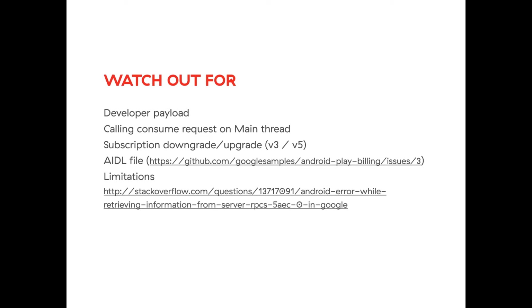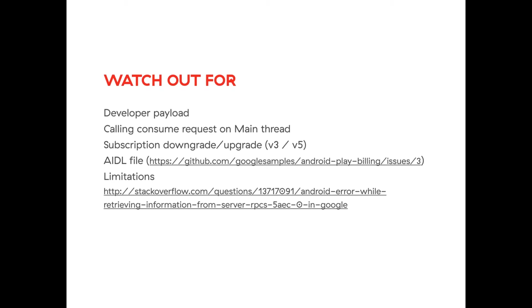And also, I think I forgot to mention this. When you are acquiring a buy intent for purchase, you need to send a developer payload. It's the last argument for that method. And it's very hard to define what the payload should be. Google states it should be something that uniquely identifies that purchase.